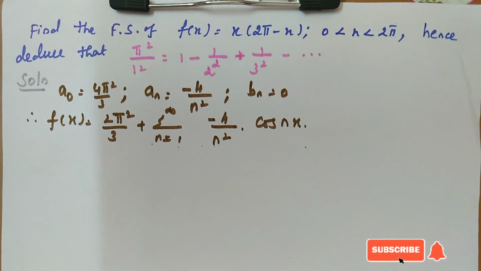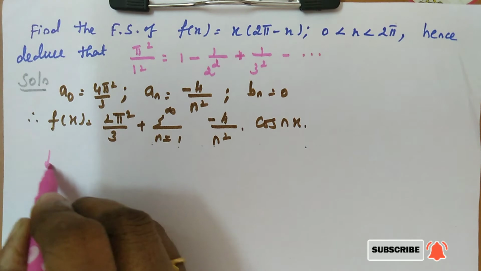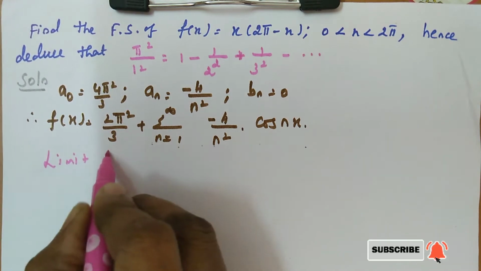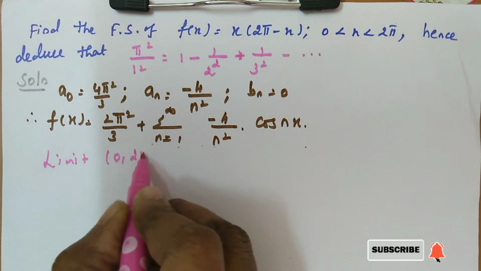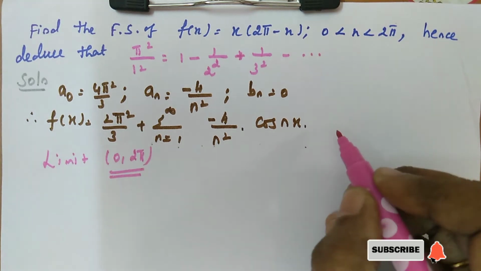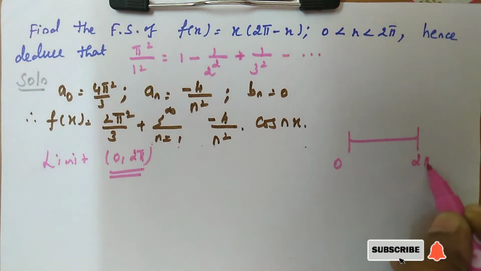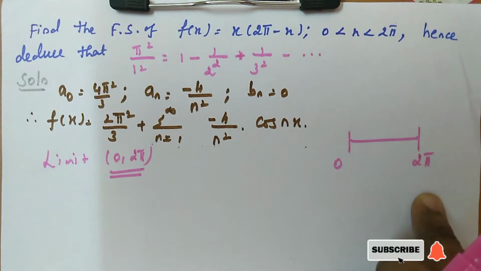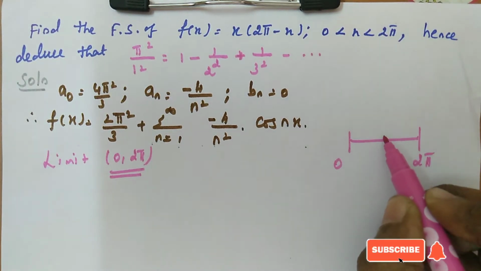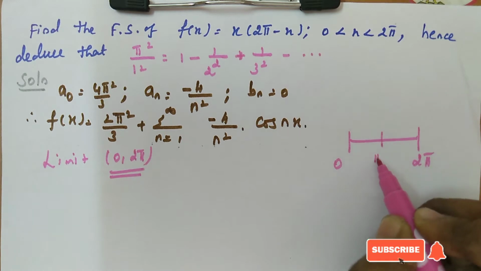Here see the limit of this question is 0 to 2 pi. So in the 0 to 2 pi case, 0 is the left hand limit, 2 pi is the right hand limit. Obviously in the middle value pi.